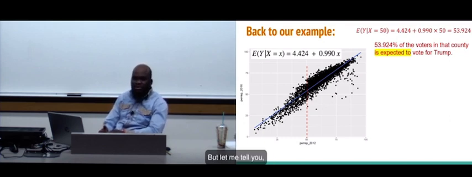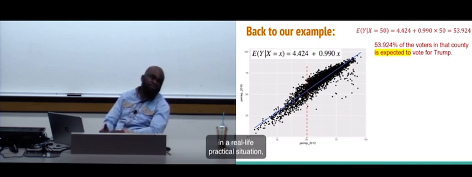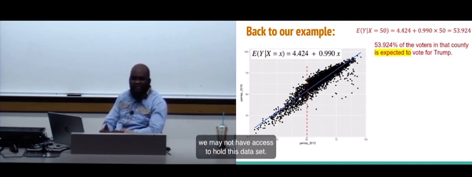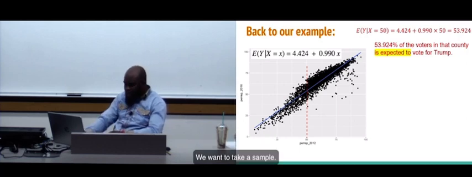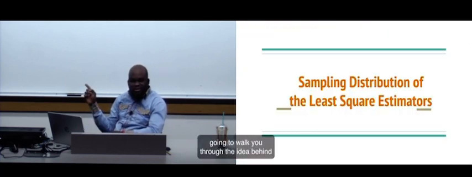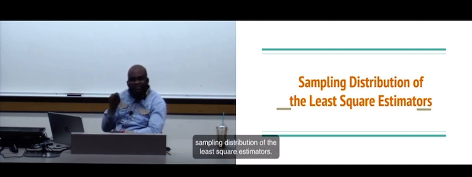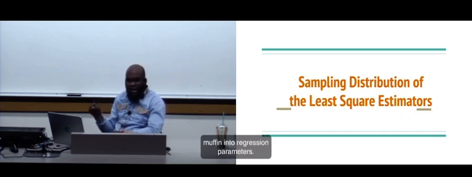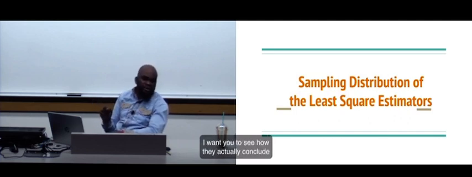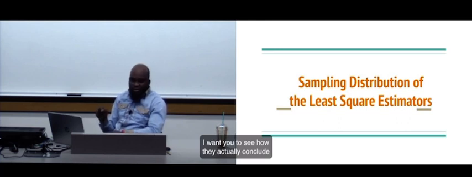But let me tell you, in a real-life practical situation, we may not have access to all those data sets. We may want to take a sample. Because of that, I'm going to walk you through the idea behind the sampling distribution of the least squares estimators. When I say least squares estimators, I'm referring to the regression parameters. I want you to see how they conclude that the distribution of regression parameters will be normal.